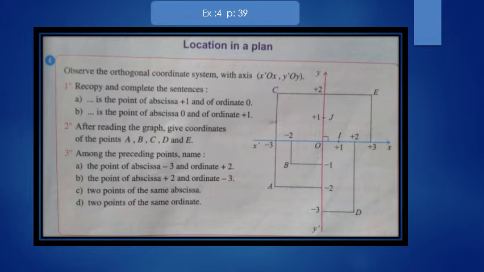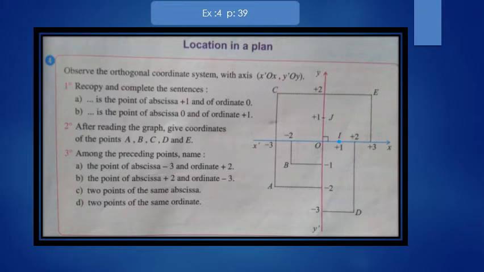Now, exercise 4. Observe the orthogonal coordinate system. Here is the figure that joins together the abscissa and the ordinate axis. Read and complete the sentences. Which is the point of abscissa +1 and ordinate 0? I look, where's +1? Here. Ordinate 0, it means it's on the x-axis.